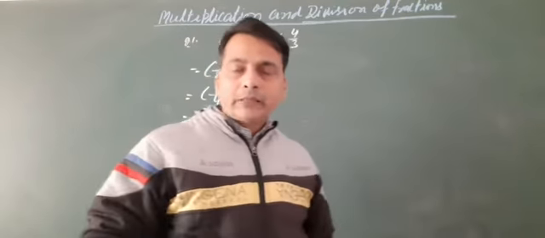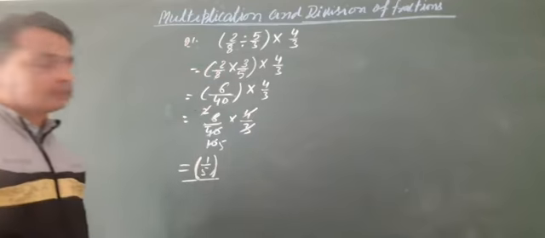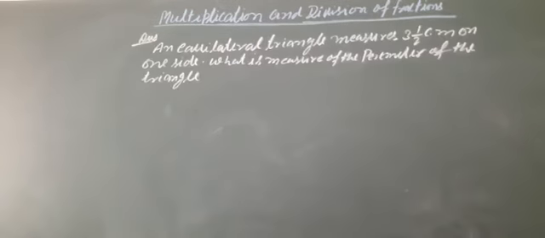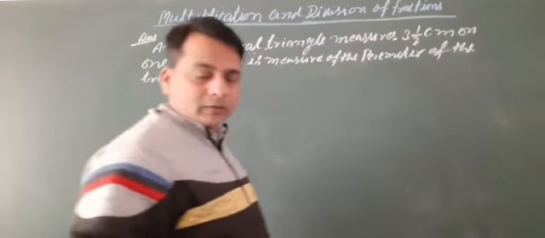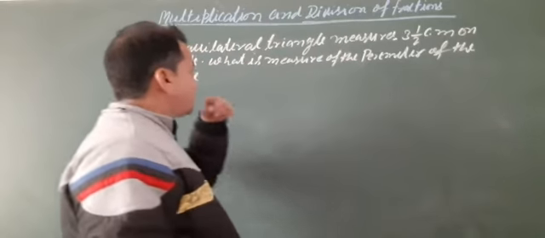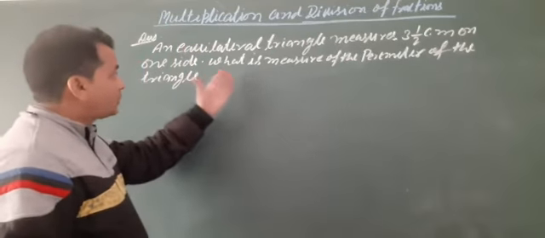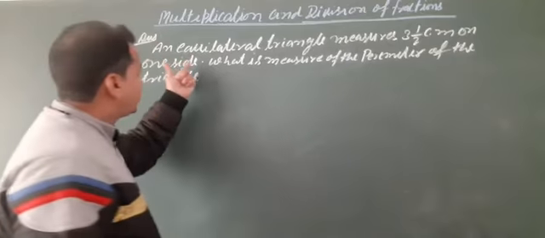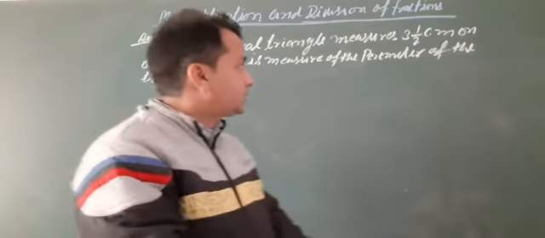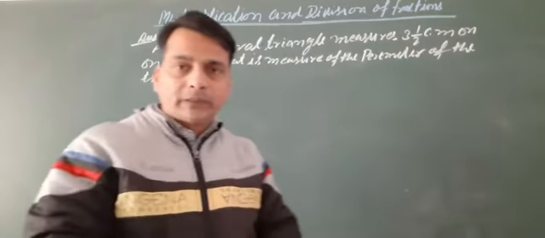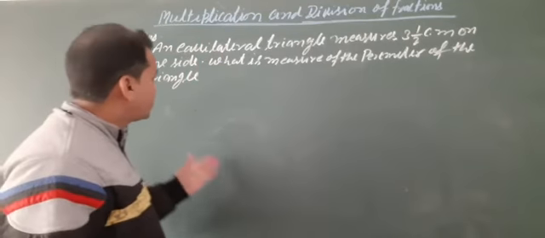So here is the next question. The next question is based on fractions, that is a word problem. An equilateral triangle measures 3 whole 1 by 2 centimeter on one side.